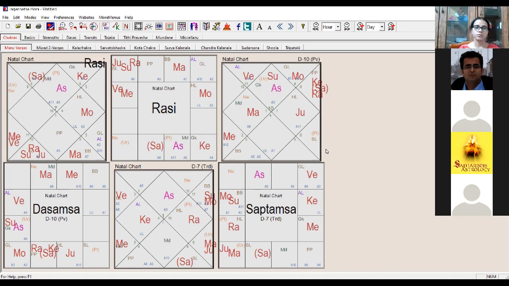When you talk about childbirth, for childbirth we have the 5th house and Jupiter. So for the overall quality of childbirth or the events related to a child, we have to see the 5th house and Jupiter.